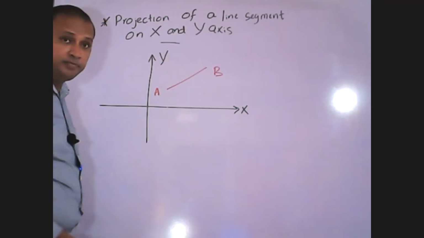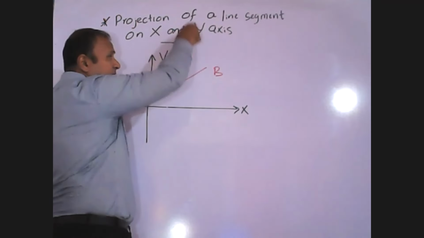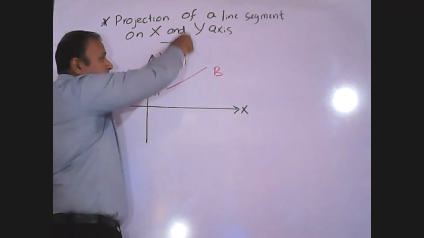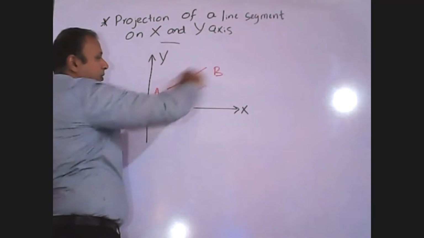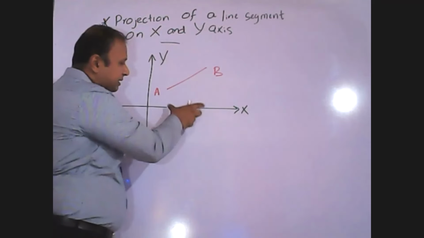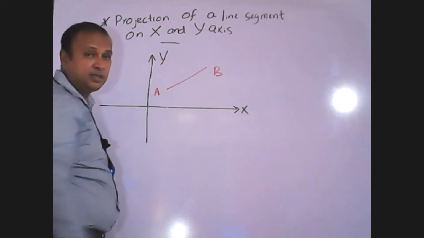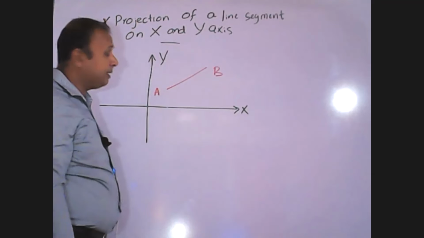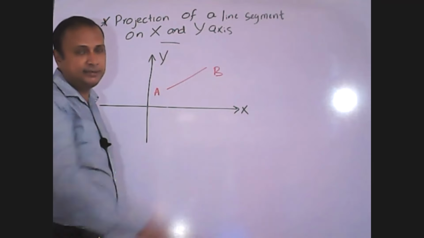Again, if we incident a light beam from this side on this AB line segment, the shadow of the AB line segment on the x-axis is called the projection of AB on the x-axis.